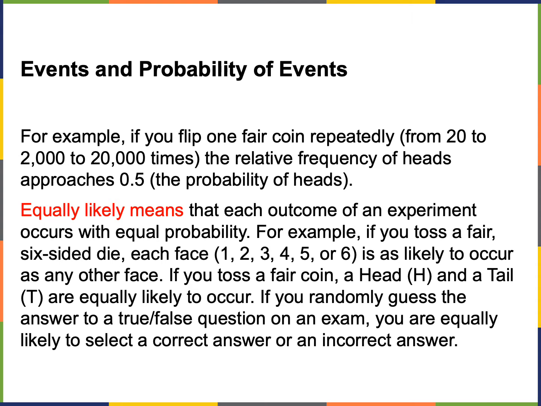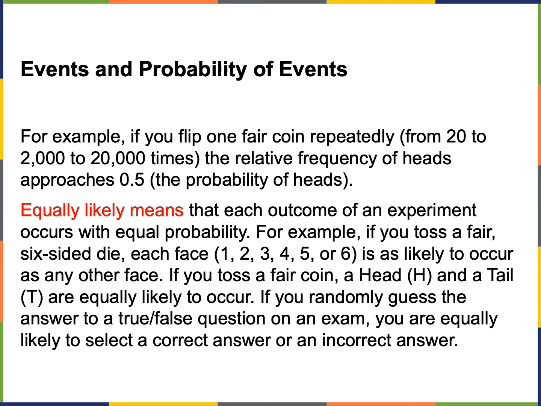This is what I'm saying: if you flip one fair coin repeatedly, 20 times, 2,000 times, 20,000 times, the relative frequency of heads approaches 1/2, which is the probability of heads. Equally likely means that each outcome of an experiment occurs with equal probability. For example, a die has 6 faces, and each face is just as likely to occur as any other face.